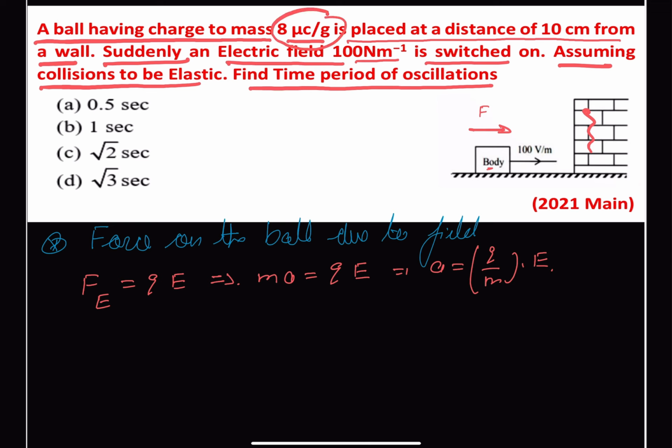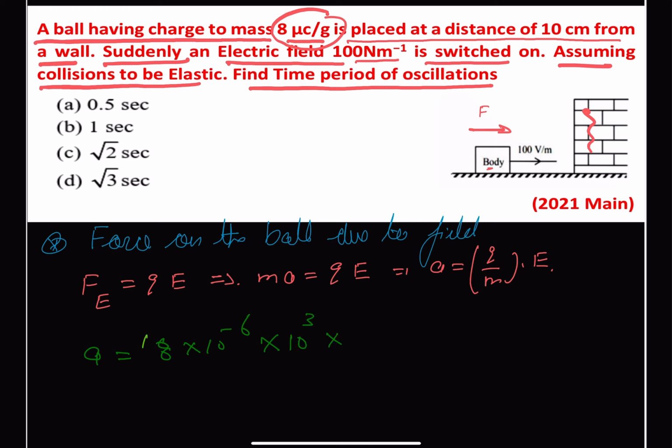And from here we can calculate our acceleration. We substitute the values: 8 microcoulomb, 8 into 10 to the power minus 6, per gram. So this will be multiplied by 10 to the power 3, to make it per kg.